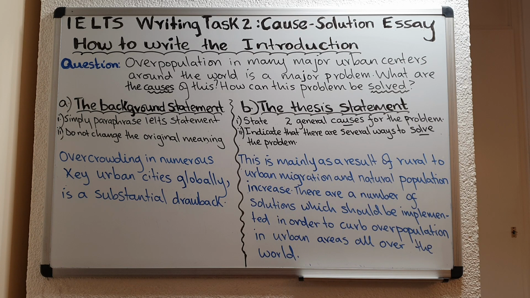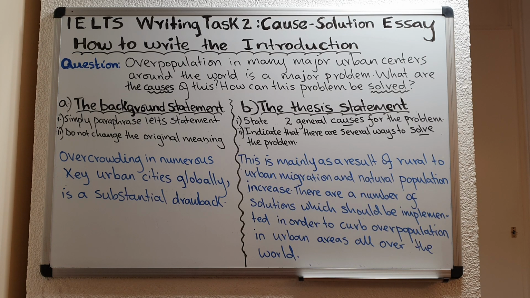Now, the first word that we have in the question statement is overpopulation. So we have to think of another word which has exactly the same meaning. And in my case, I replaced overpopulation with overcrowding. The next word is in. That we do not change. It's a preposition. The next word is many.